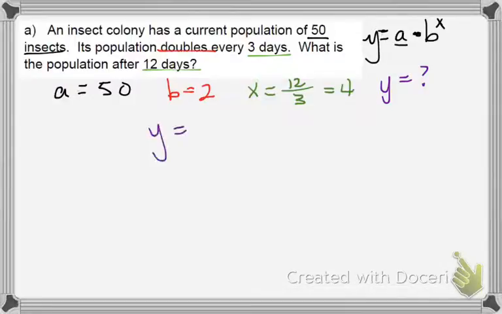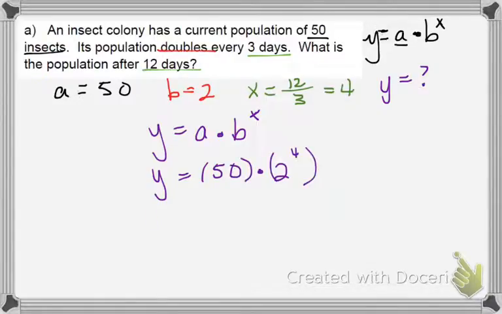Let's use this formula and plug in what we know. We know that a is 50, b is 2, and x is 4. I'm going to follow BEDMAS here, so rather than doing 50 times 2, I'm going to do 2 to the exponent 4 first. 50 stays as it is, and 2 to the exponent 4 is 16. 50 times 16 is 800.